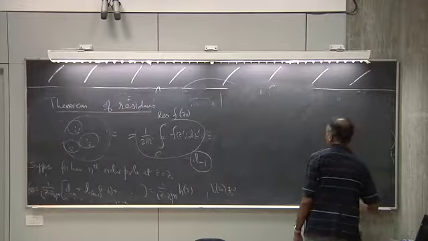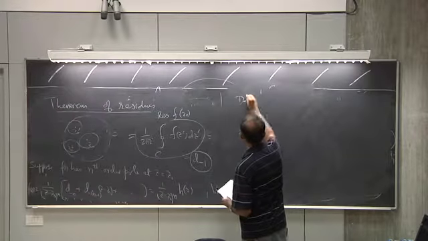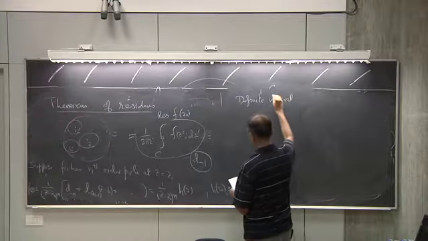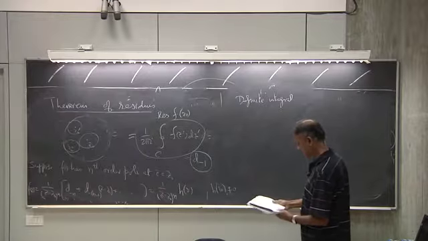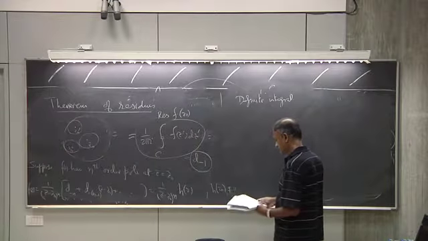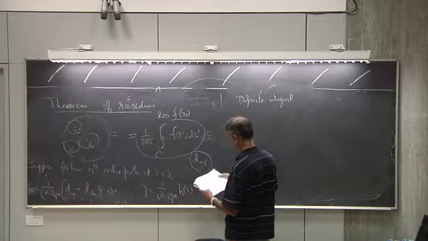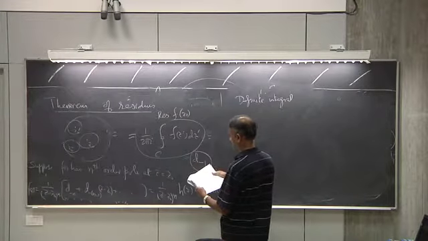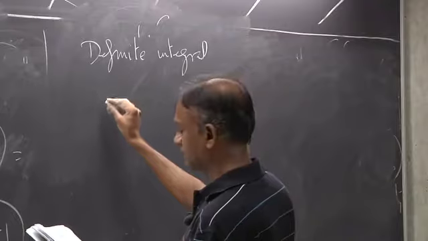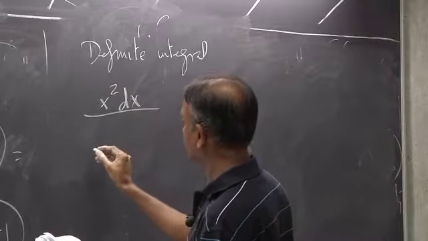Suppose I want to compute a definite integral of this type, x square dx over x square plus 1 times x square plus 4.